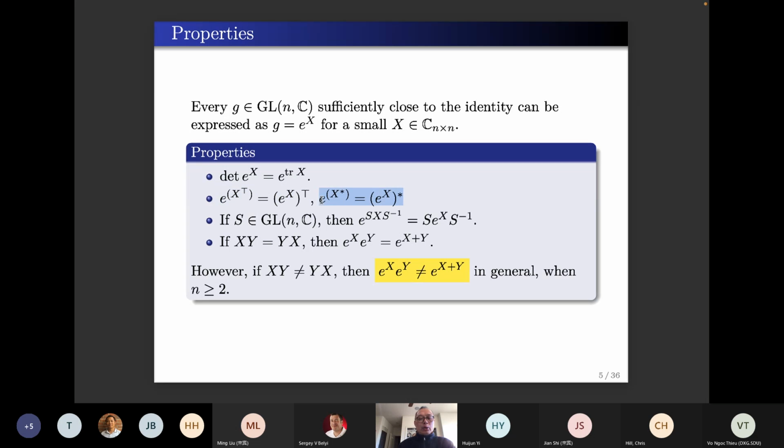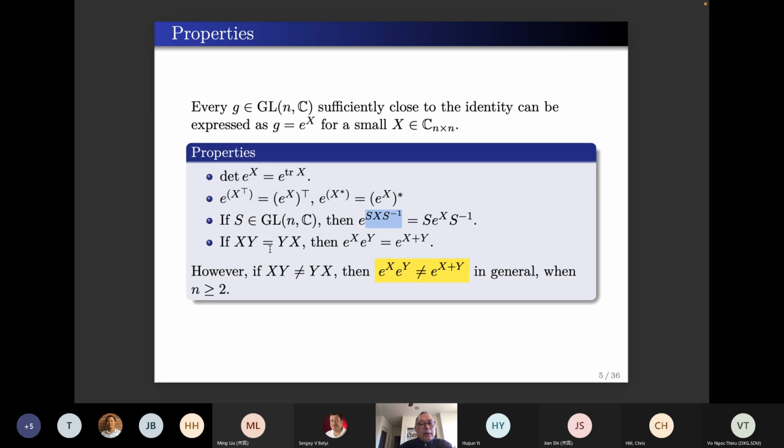The same thing is also true for the complex conjugate transpose. And we have a nice property regarding similarity. Say, for example, if you take S inverse e^X S, the conjugate of e^X, then you can raise it to the exponent here.